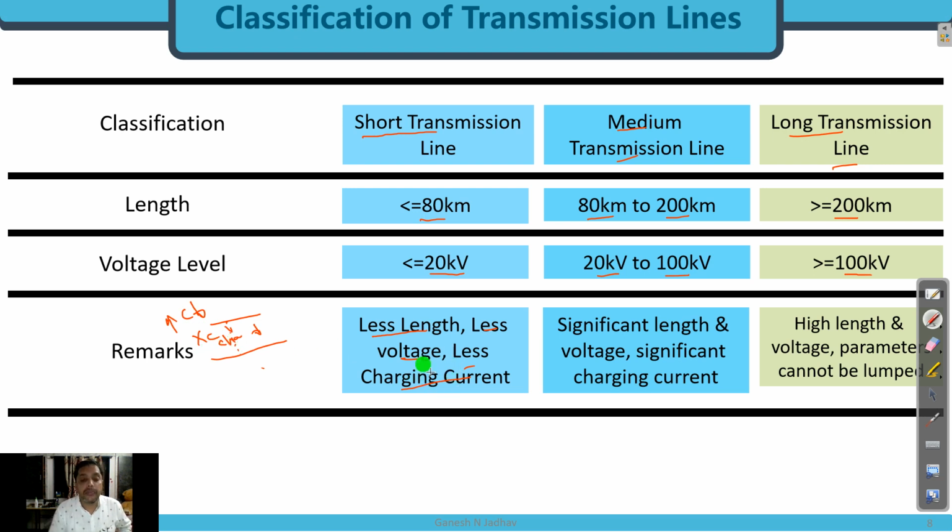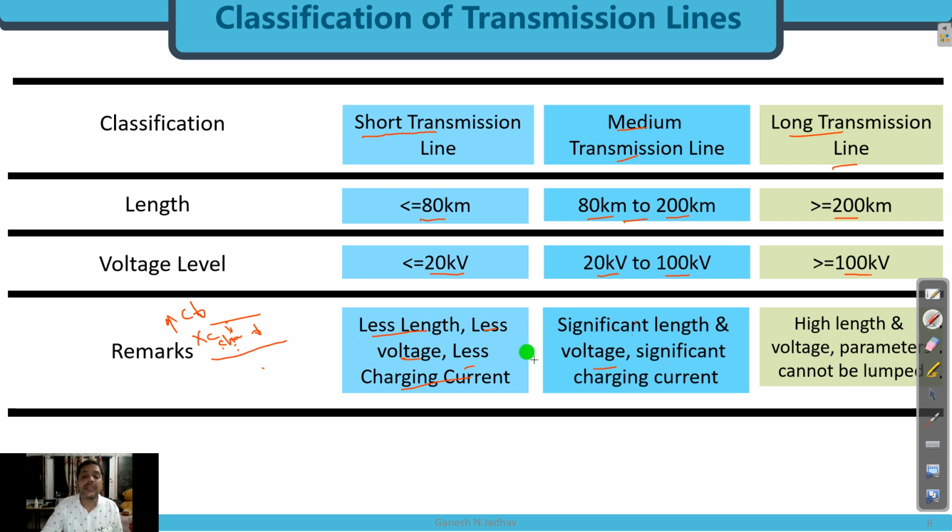But the medium transmission line has a significant length as well as a significant voltage level, so we have a significant charging current. The charging current needs to be considered here. Then in the long transmission line, the length is high and the voltage is also high, but here the parameters cannot be lumped.